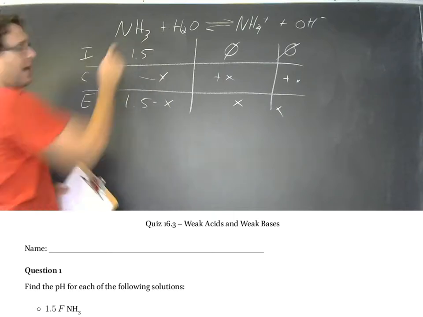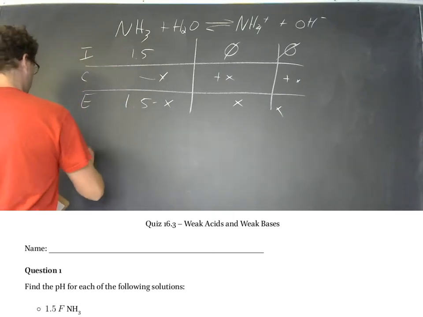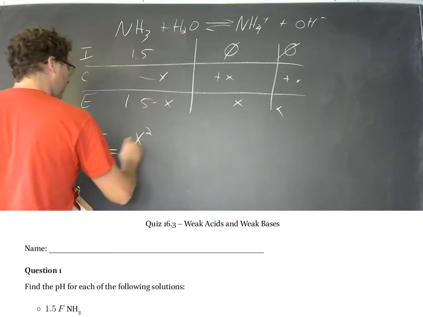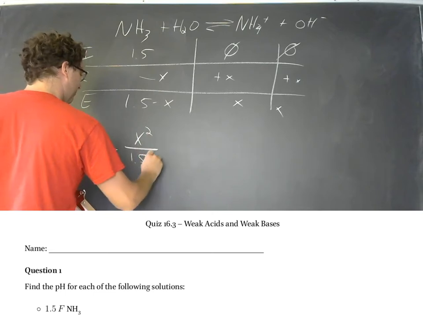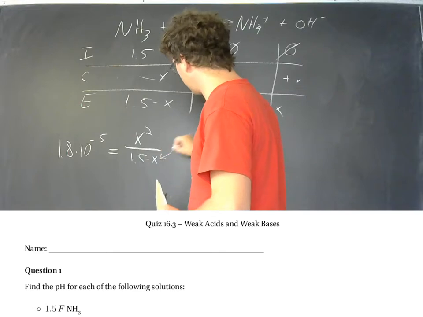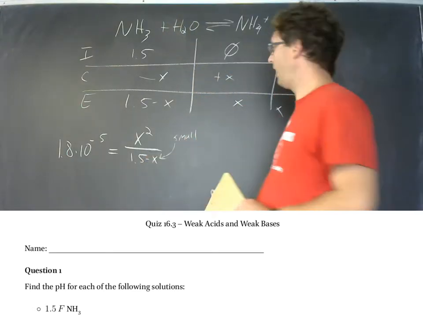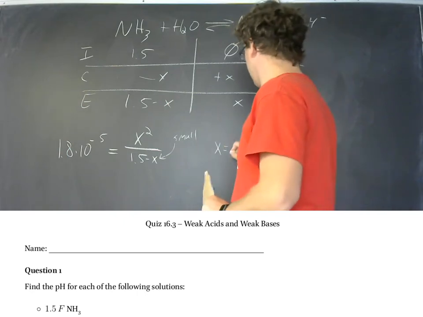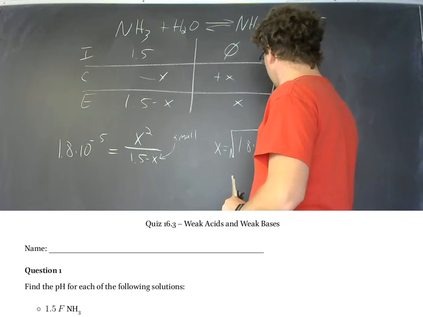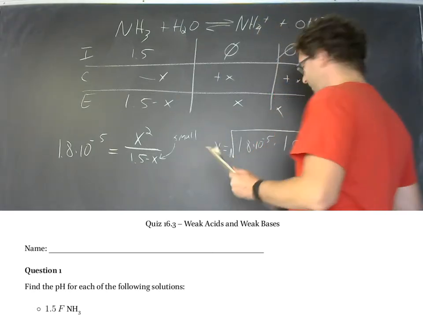Now we look up the Kb value for NH3, and that is 1.8 times 10 to the negative fifth, and that is going to equal x squared over 1.5 minus x. We will assume that this x here is small, and so we can just ignore it. And x is going to equal the square root of 1.8 times 10 to the negative fifth times 1.5.